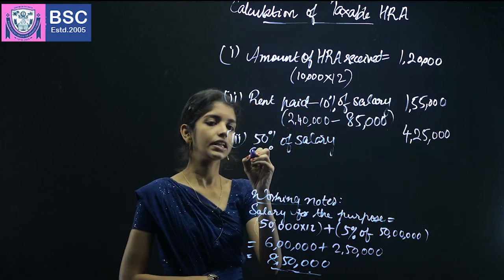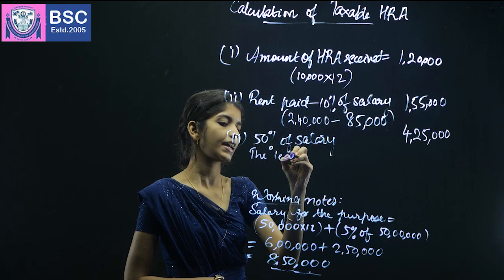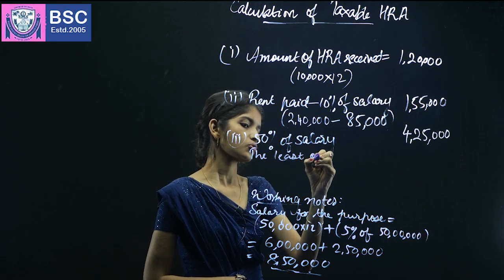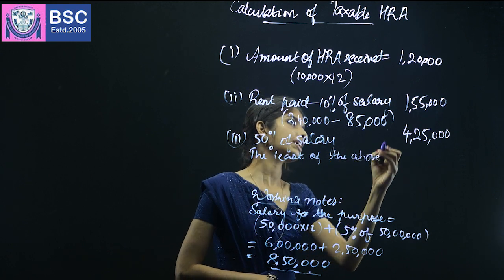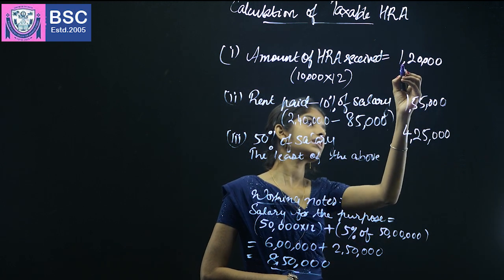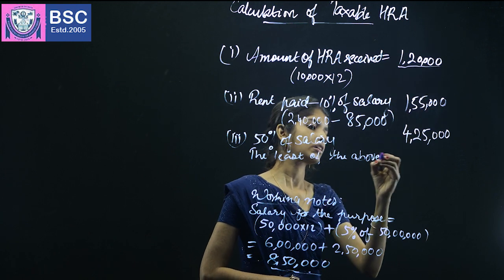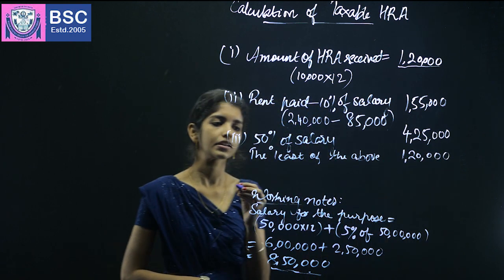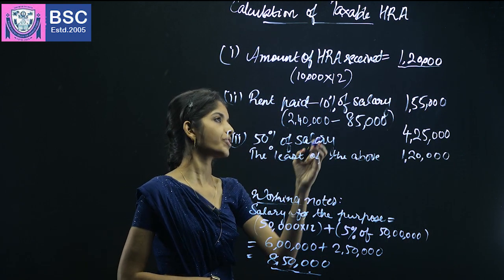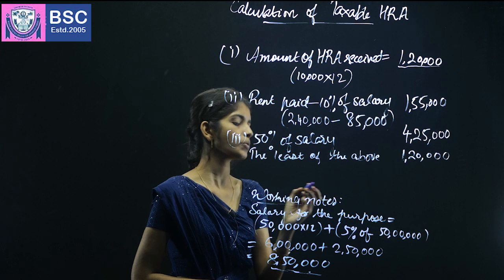So the least of the above three items is 1,20,000. Then the exempted amount of HRA in this case will be 1,20,000.